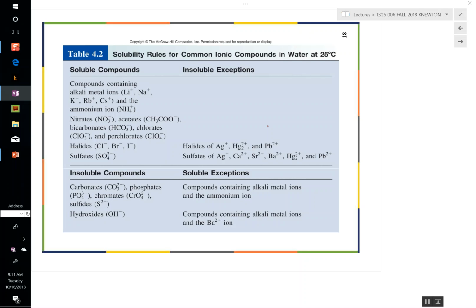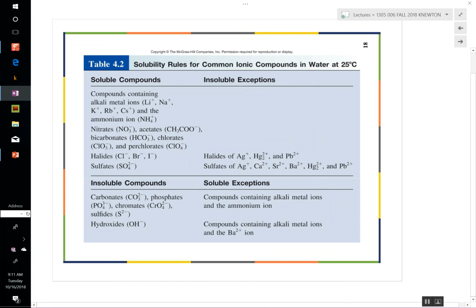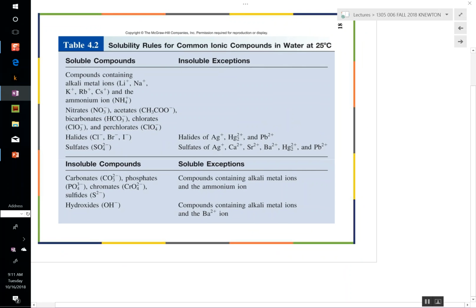Sodium phosphate. Yes, it goes by rule number 1, and there's no exception. Soluble. Barium hydroxide. Hydroxides, insoluble. Yeah, this is borderline. That chart is saying it is soluble. It's not very soluble.